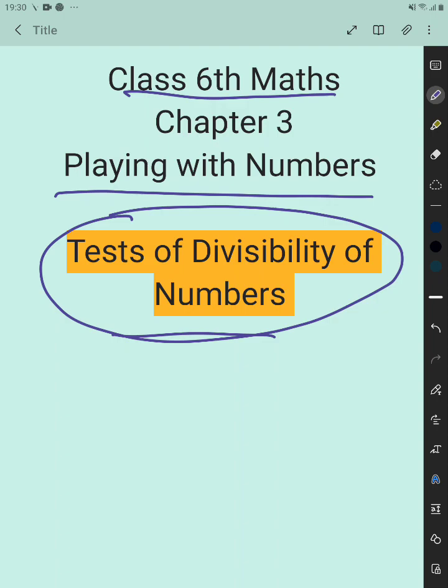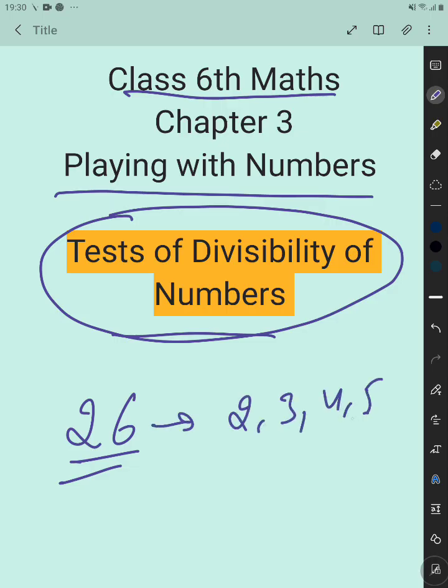So let's take any number, like 26. What do you see about this number, whether it is divisible by 2, 3, 4, 5, 6? Can it be divided fully by these numbers? If we see, it can be divided by 2 fully and the result will come as 13.